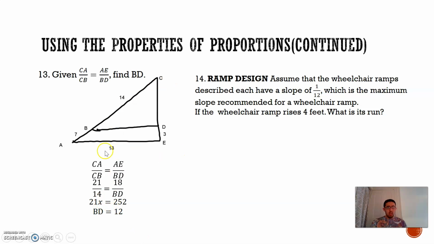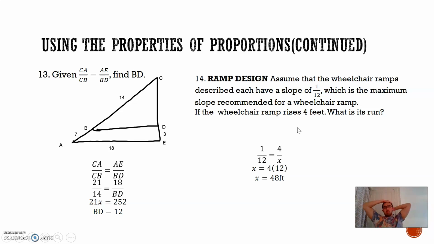CB is 14, 18 to BD, right? 18 to BD. And then when you cross multiply, you get 21 BD, this should be BD. 21 BD is equal to 252. You divide both sides by 21, you get BD is equal to 12. Okay?